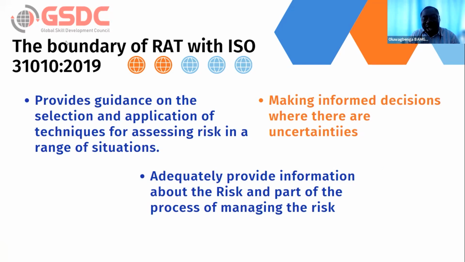Then it helps us to adequately provide information about the risk, because one of the major challenges is the true representation of the state of things within the organization, especially when it comes to uncertainties and, of course, opportunities. And it is part of the process for managing risk. So these three key areas are the boundaries that 31010 will help us with largely.